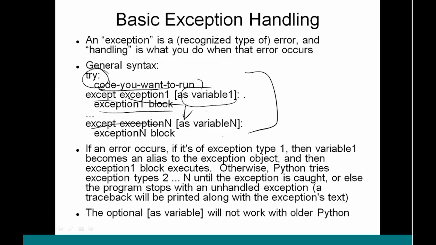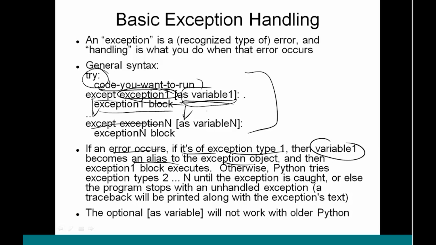What this code means is that if an error occurs, and if it is of exception type 1, which is here, then we set variable 1, and it becomes an alias to the exception object. That's specified here, and then this block of code starts executing.